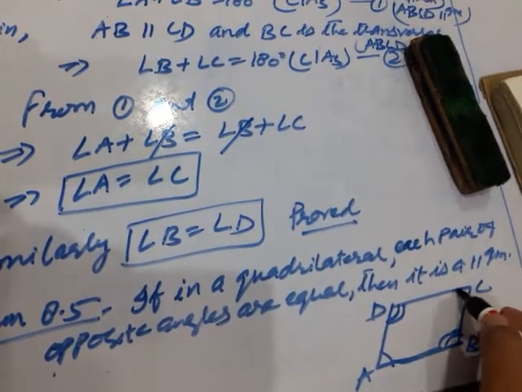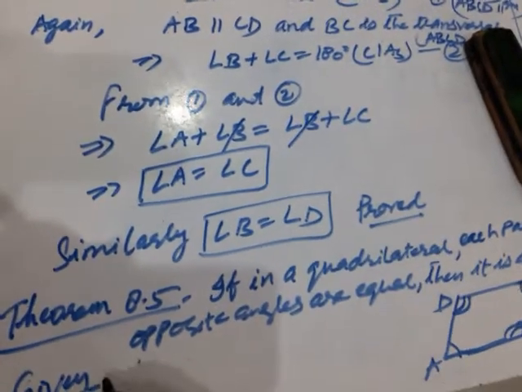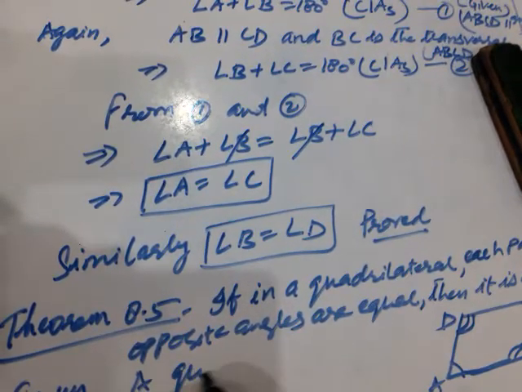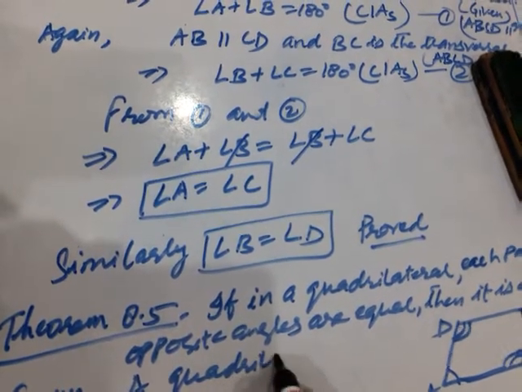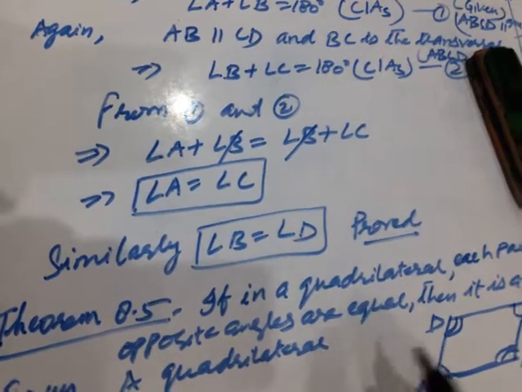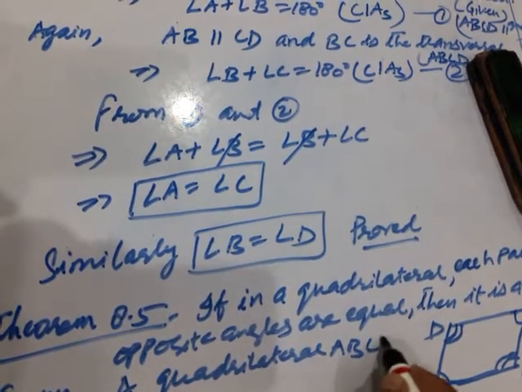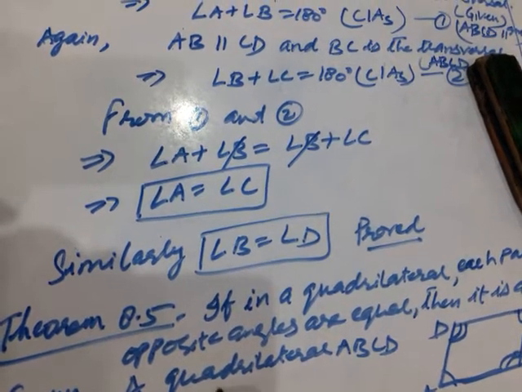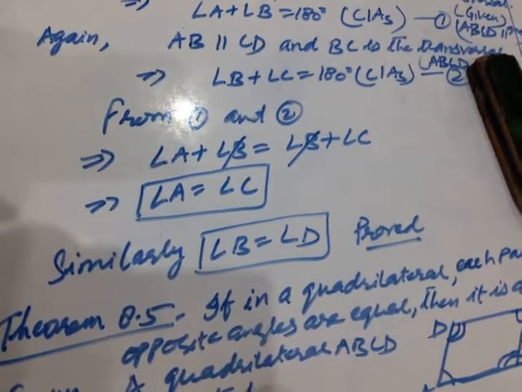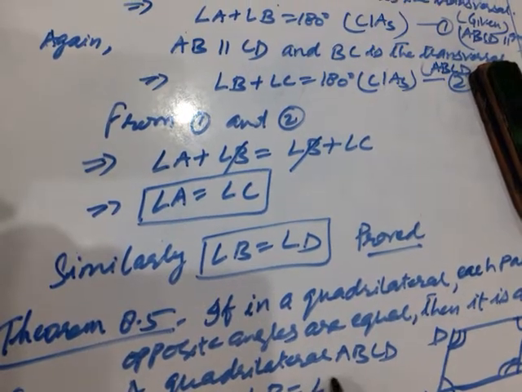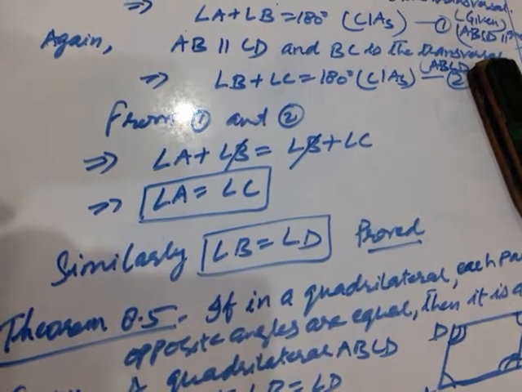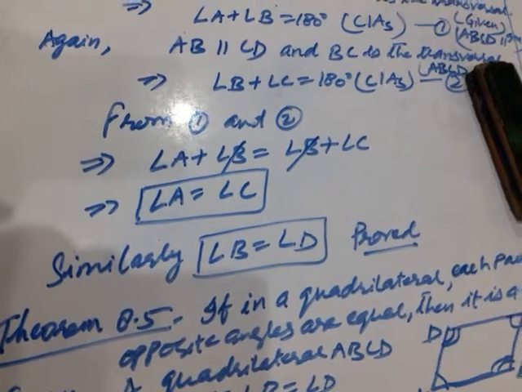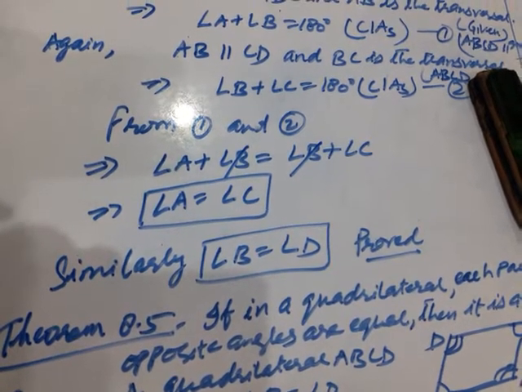Angle A is equal to angle C. Given a quadrilateral ABCD such that angle B equal to angle D and angle A equal to angle C.